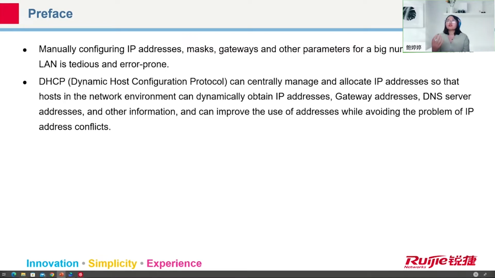It only needs to enable the DHCP function, and then the terminal will ask the server, please give me an IP address. It sends out a message, gets a reply, and also gets the gateway address, DNS address, and so on. So this is the function of DHCP.